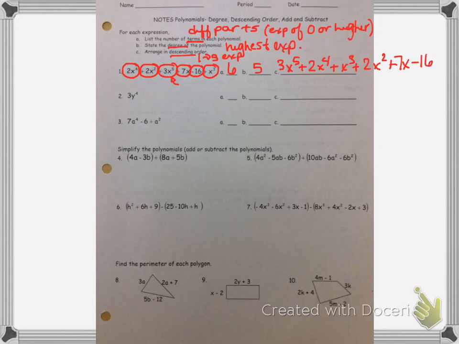Some other pieces of information that I want you to make sure that you're aware of. We have also things called a leading term. So our leading term is going to be 3x to the 5th. Let me zoom out so we can write this down. Right, so we have leading term, and that is simply the term with the highest exponent.